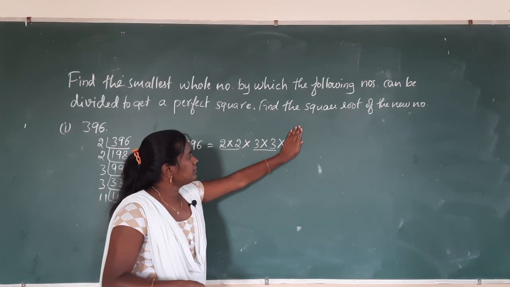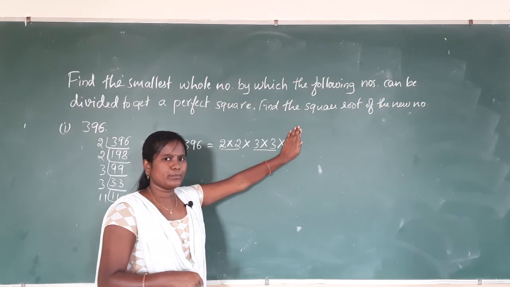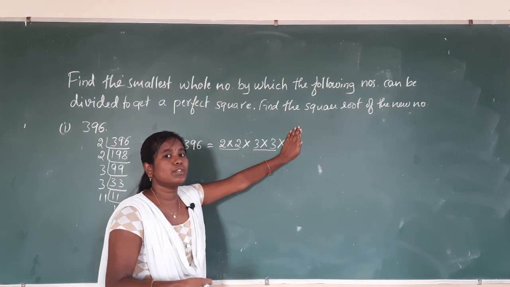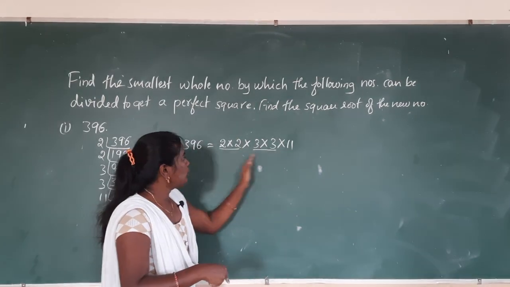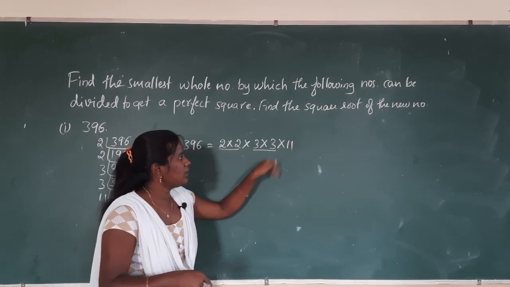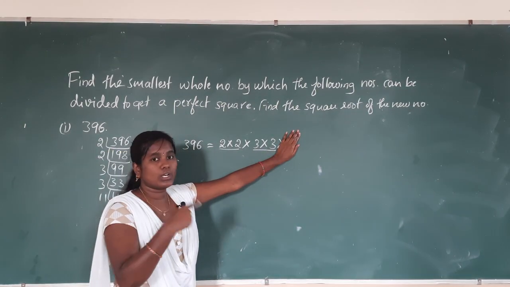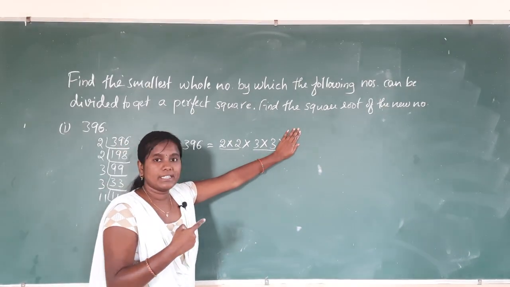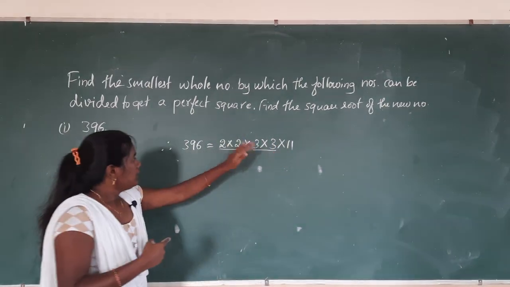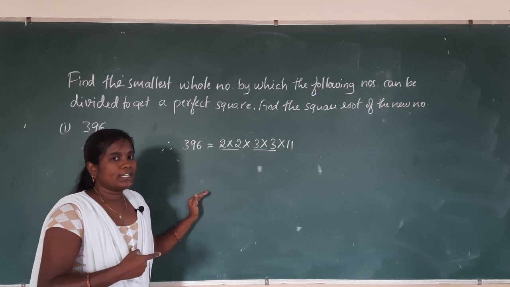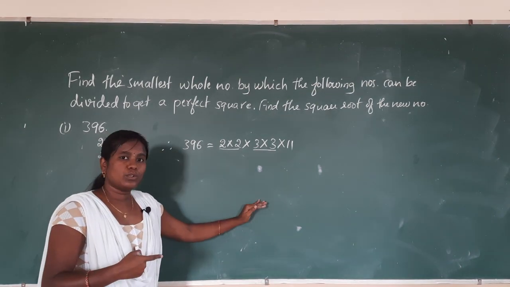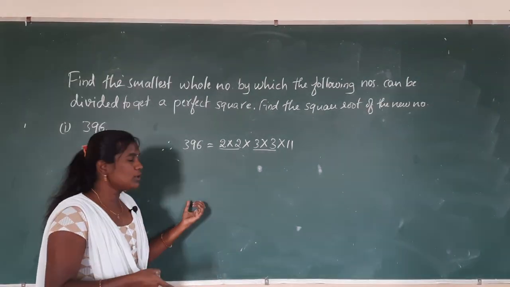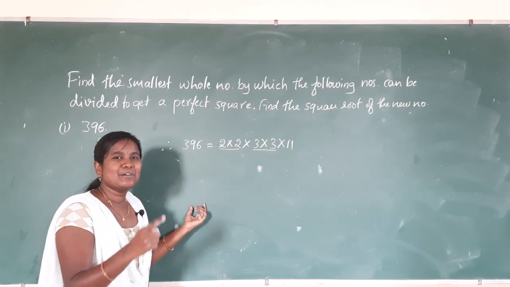If I remove this 11, we divide both sides by 11, so 11 will be cancelled. What is left now? 2 into 2 into 3 into 3. If you divide both sides, LHS will be equal to RHS, and the number you get is the perfect square.